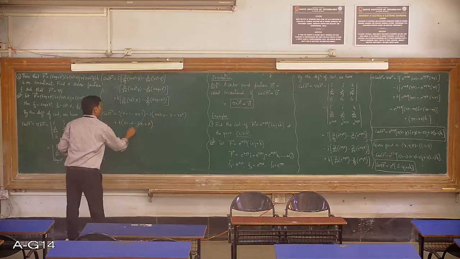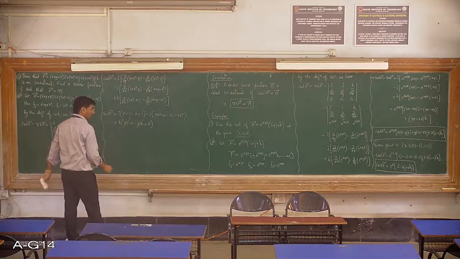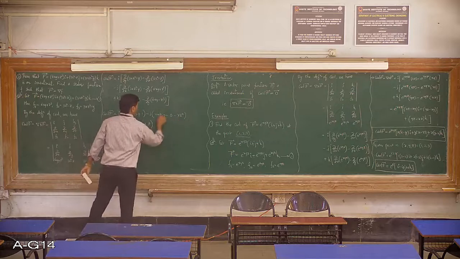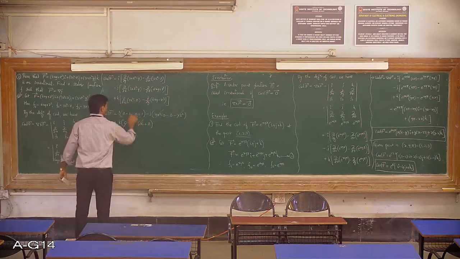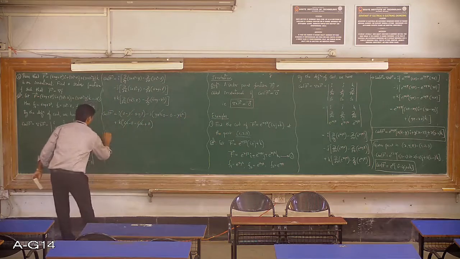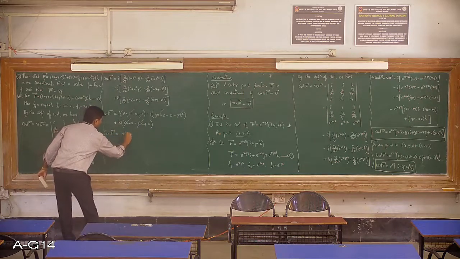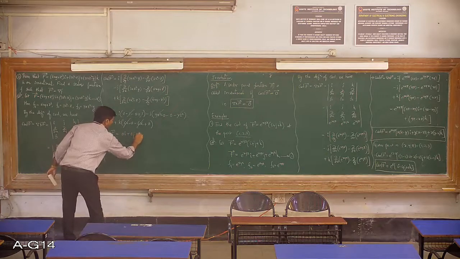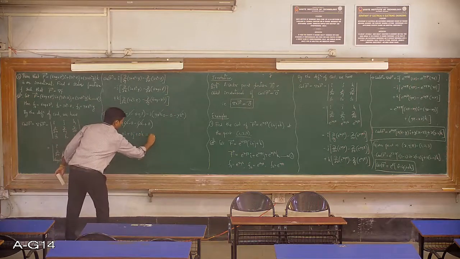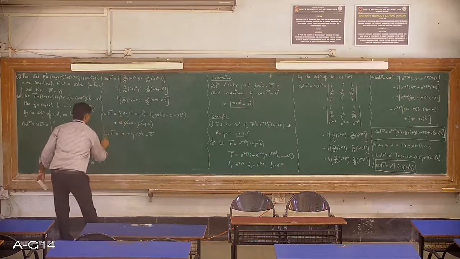So you can see minus 6x plus 6x cancels, minus 3z squared plus 3z squared cancels, plus 1 minus 1 gets cancelled. So what you will get is curl F equals 0i plus 0j plus 0k, or else we can call that the 0 vector.